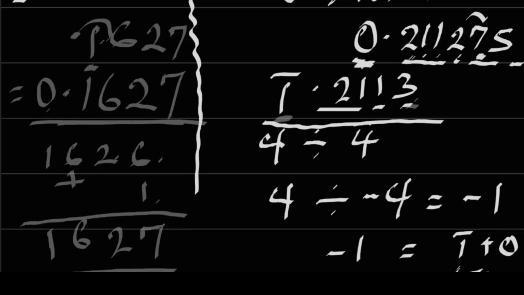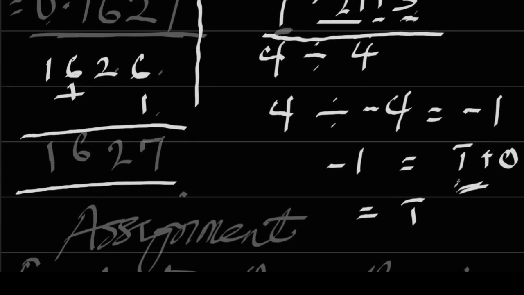Then difference 3. 0.21 under 1 will give us 1626. Difference of 3 will give us 1. When we add up with the difference, we are going to be having 6 plus 1, 7.